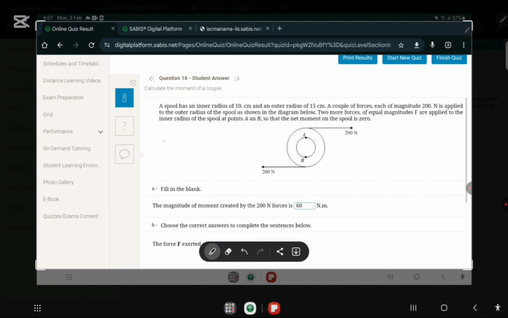So force prime times the distance between them plus force times distance. Since we said A is going to be going leftwards and B is going to be going rightwards, if you hold your hand up like you're holding, for example, the calculator on the exam, if you turn it to the left, it's going to be a counterclockwise movement, which is positive.